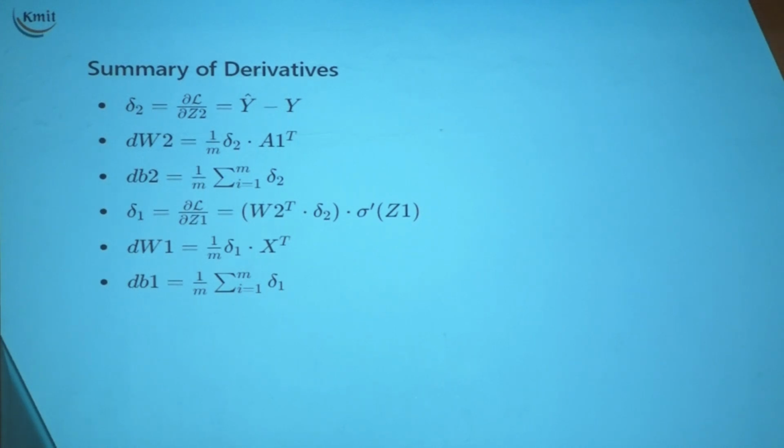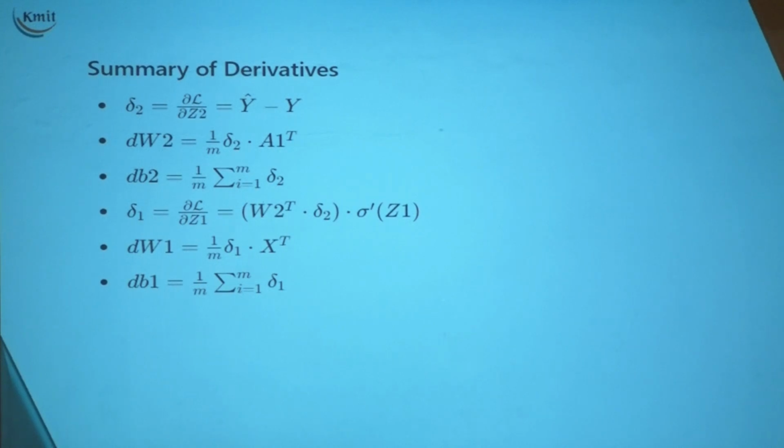Next, dW2 is equal to, stop here. Look at dW2 and dW1. I have 1 by m. Means what? For all the samples I have to update the weights, right? Not only W1. Weights of what? All the x weights that are generated. And can I write 1 by n, 1 by n of dZ2 that was calculated earlier, into A1 dot transpose.